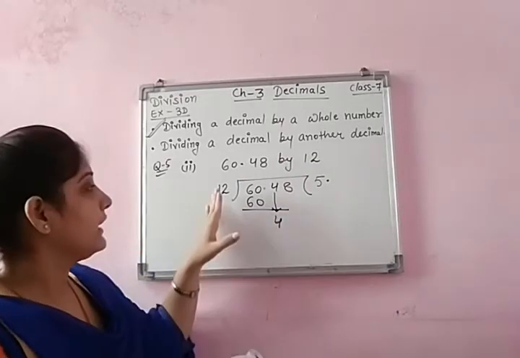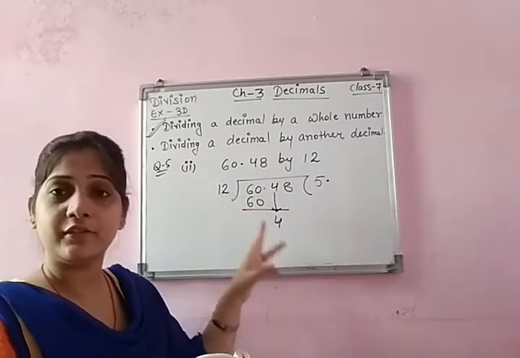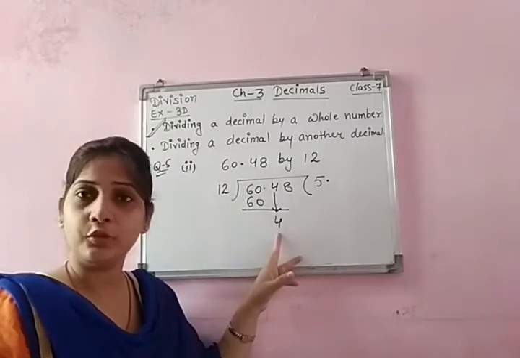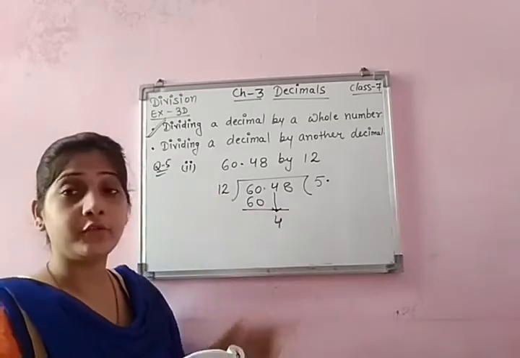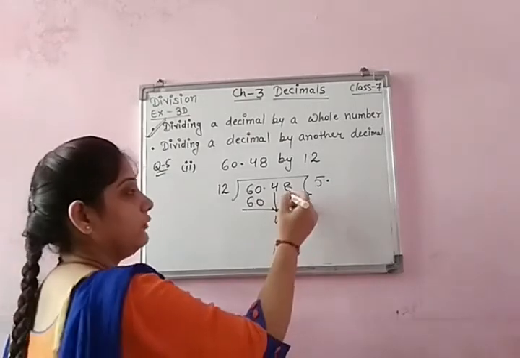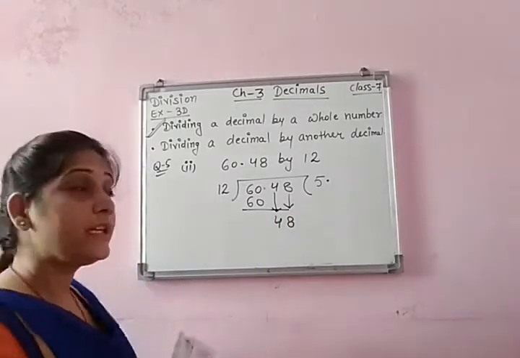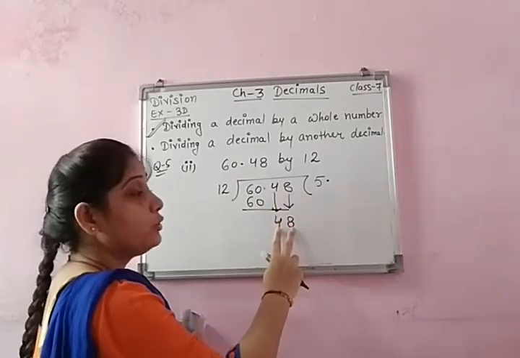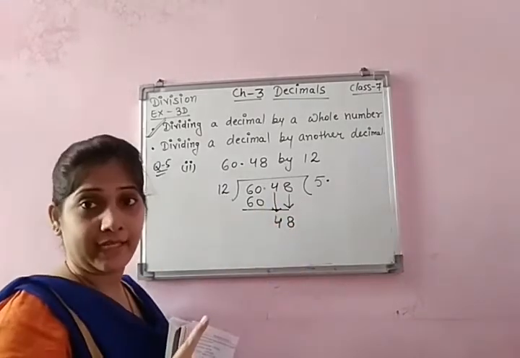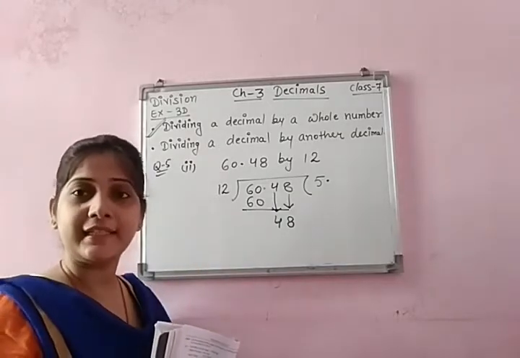Now, if I read the table of 12, do we get the 4? No. So what do we do? We have to write down this 8 also. Normally the rule is that we write 1 digit at one time.